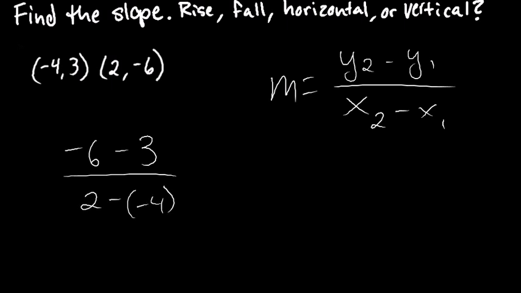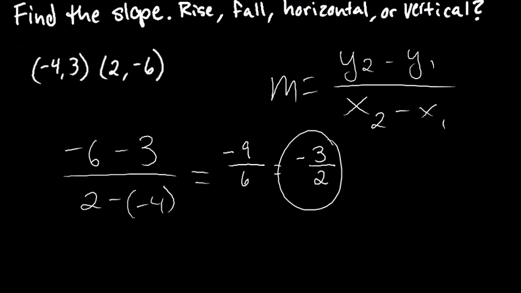Make sure your negative signs are straight. Otherwise, we're going to have some issues and you're not going to come out to the correct slope. So minus a negative, that's going to give me a positive. So I have -9 over 2 plus 4, which is 6. And reduce, -3/2.